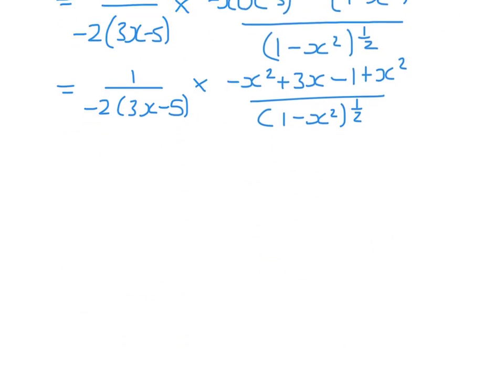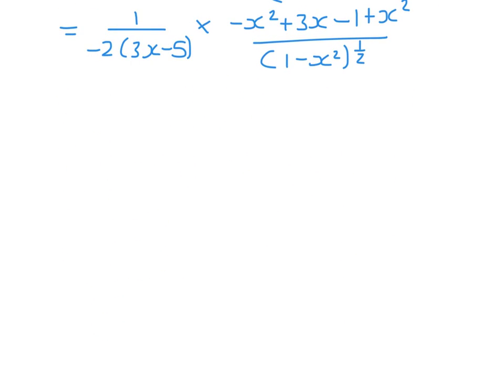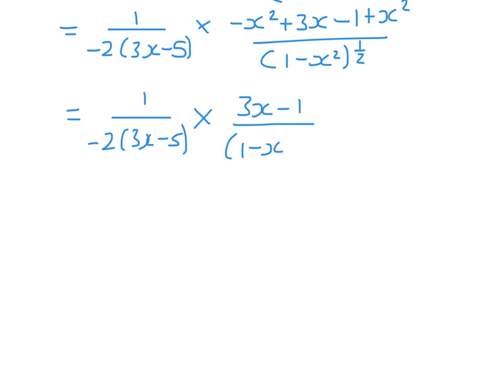If we continue on with the manipulation, there's a lot of algebra in this. That equals 1 over minus 2 upon 3x minus 5 multiplied by 3x minus 1 all over (1 minus x squared) to the power 1/2.